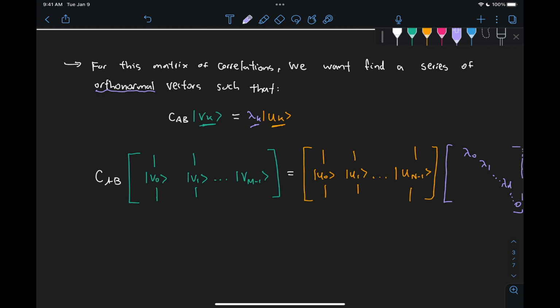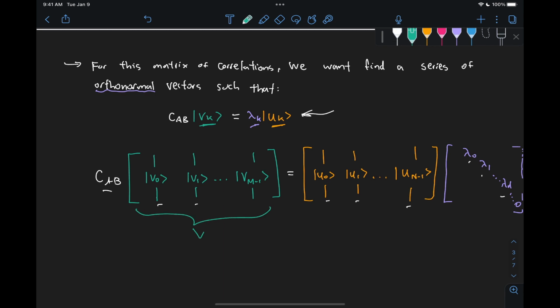So all I'm doing here is just representing in matrix form this expression here for all the different values of k, right? So what we have is that this CAB is mapping all these different orthonormal vectors in the space of subsystem B to some orthonormal vectors in the space of subsystem A pre-multiplied by some constant, right? And if we reorganize this, or first let's assign some names.